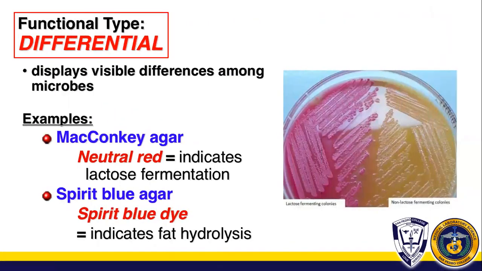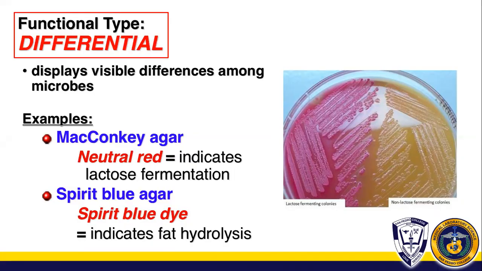So moving on to differential culture media. Certain media are designed in such a way that different bacteria can be recognized on the basis of their colony color. Various approaches, including incorporation of dyes or metabolic substrates, are usually done.